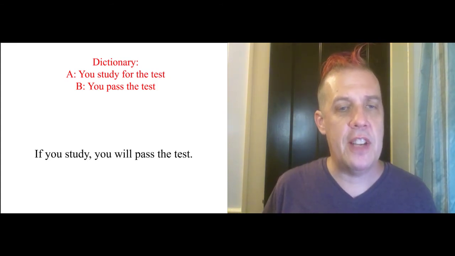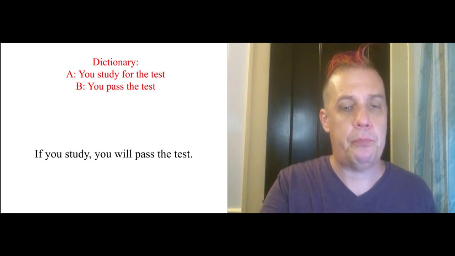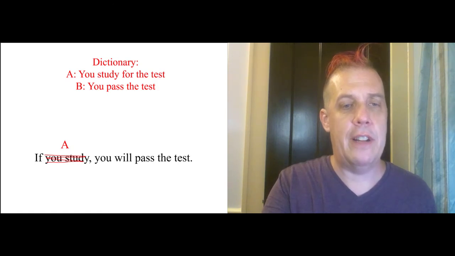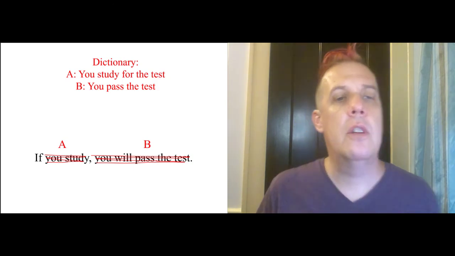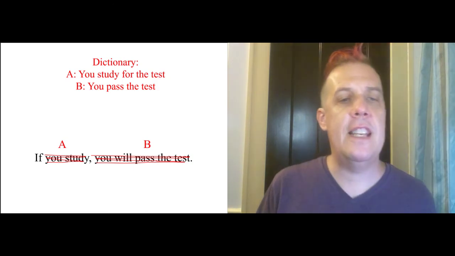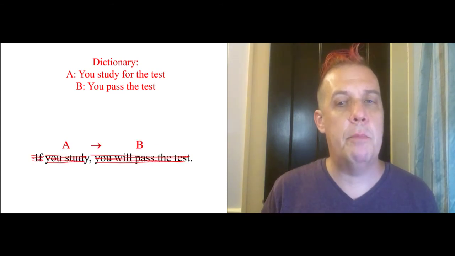So we say that A comes first, that replaces you study, and B replaces you will pass the test. In this case, it says if A, then B, so you just place the arrow right between them.